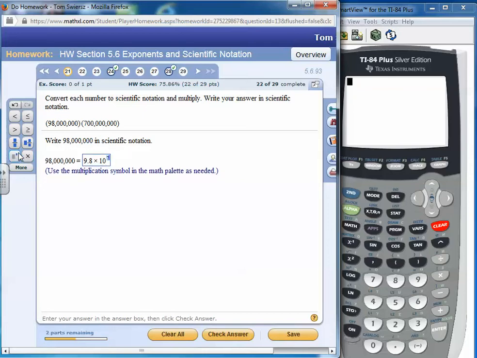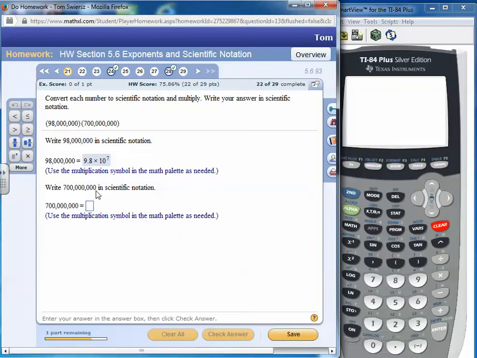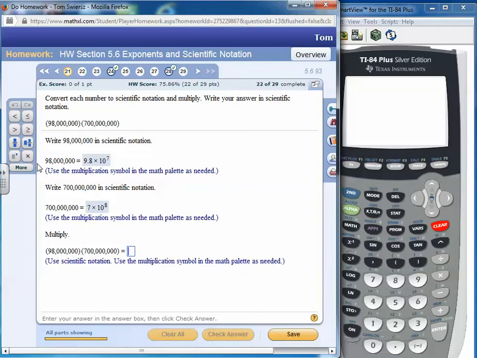Get the exponent. 700 million is going to be what? 7 or 7.0, just 7. You can put in 7. You don't need to put the 0.0 times 10. We move it over 3, 6, 7, 8 places, right? So now we get the superscript. The exponent is 8. And now we're going to multiply.